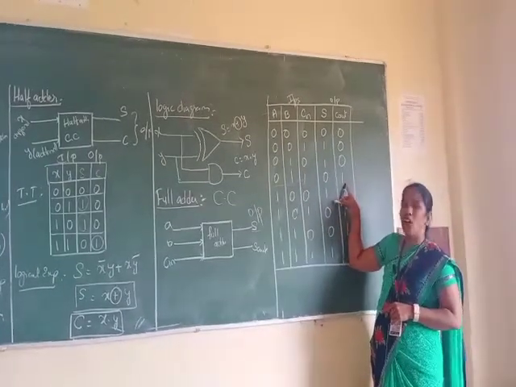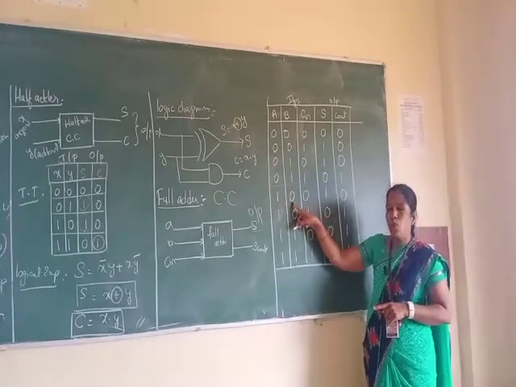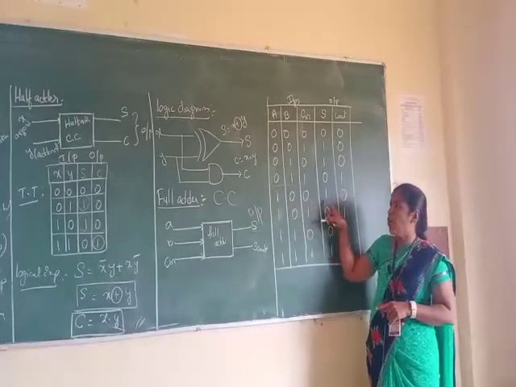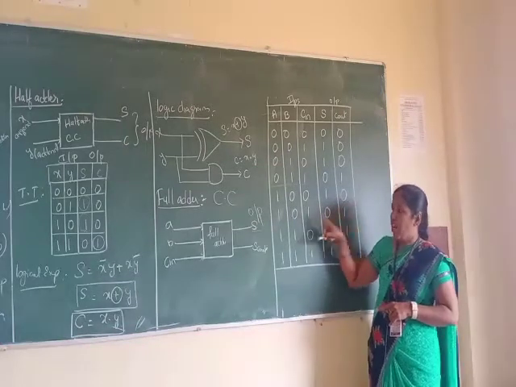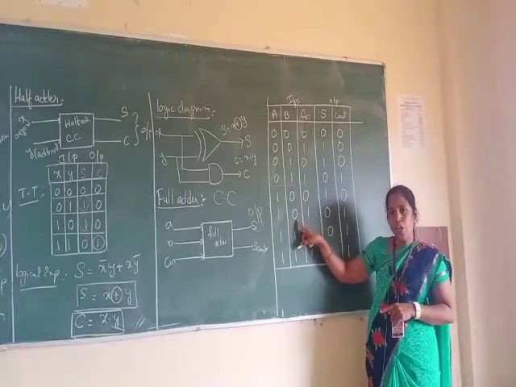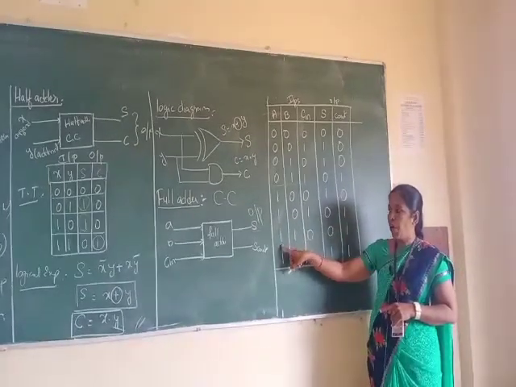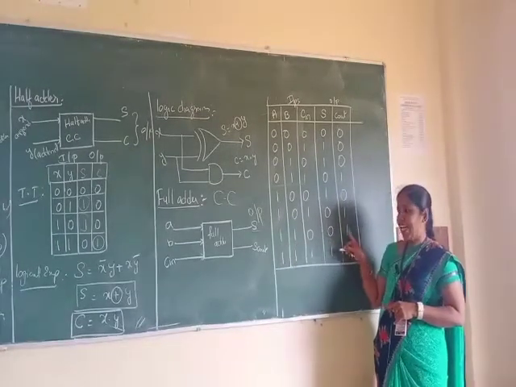The fifth case has a single 1, so sum is 1 with carry out 0. Now with 2 ones, 1 plus 0 is 1, and 1 plus 1 is 0 with carry 1. This case also, 1 plus 1 is 0 with carry 1.